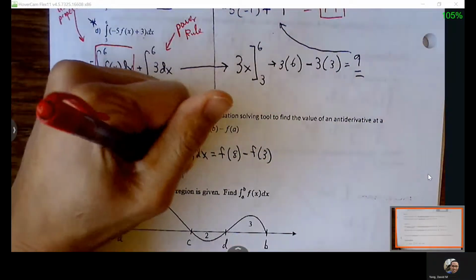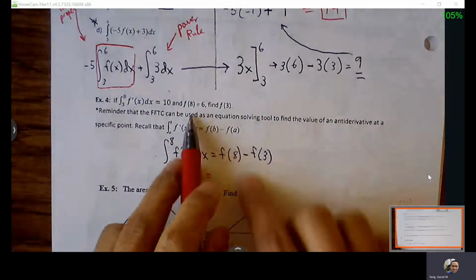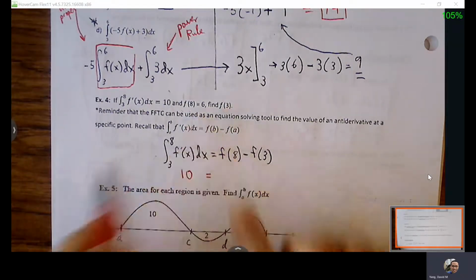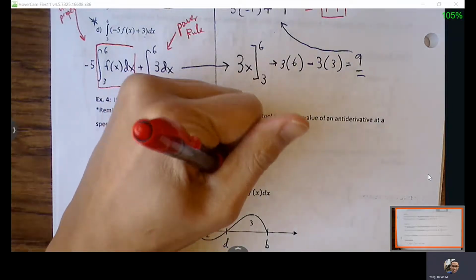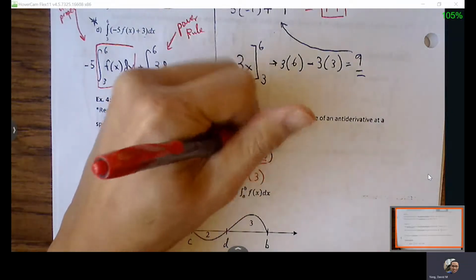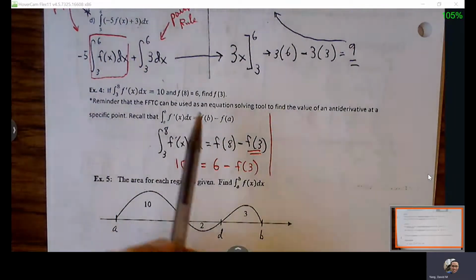F of 8, you said is 6. So making that second substitution there. And then f of 3 is what I'm looking for, so leave that as f of 3. So now we can just solve for f of 3, right? So let's find f of 3.